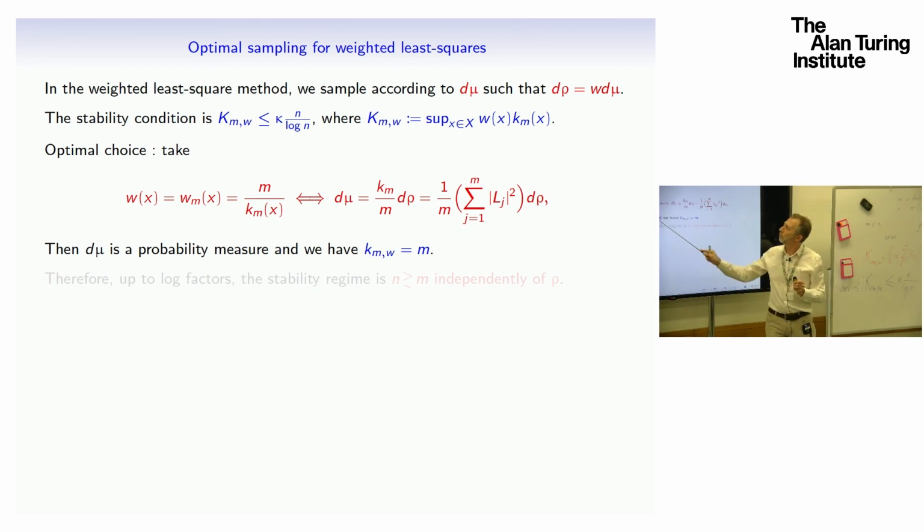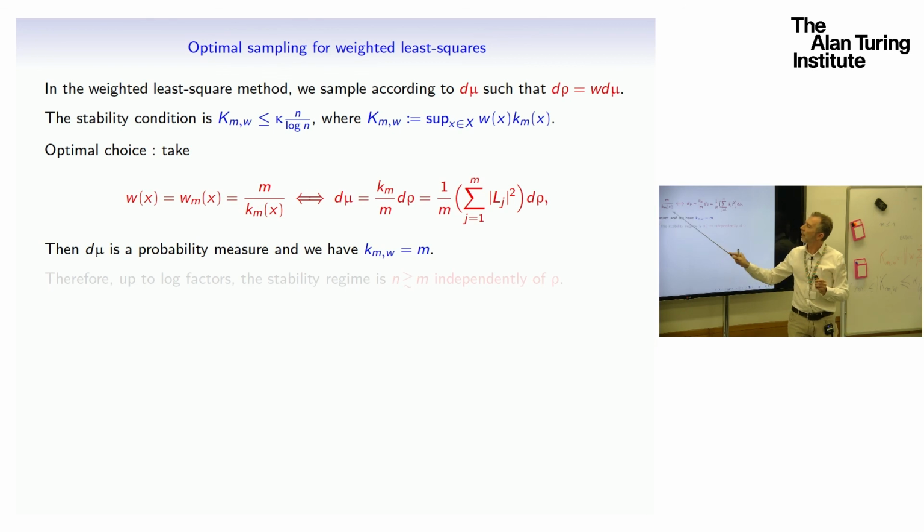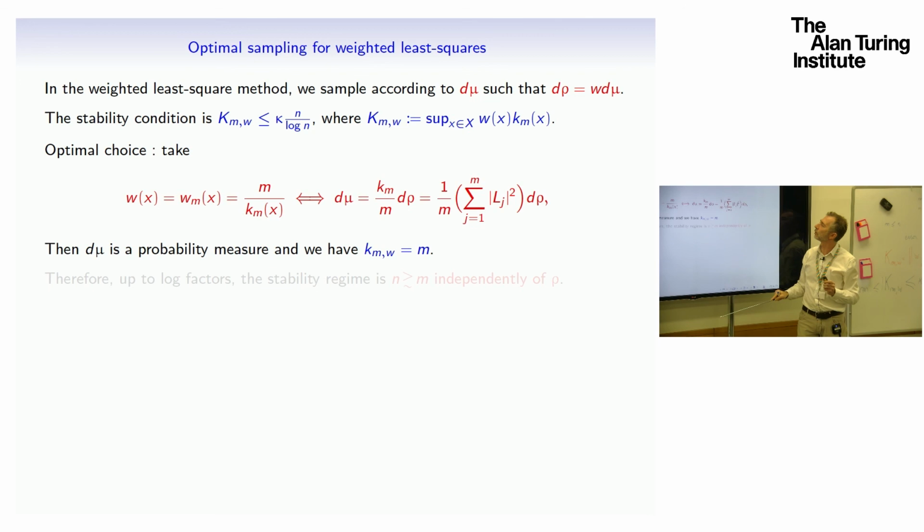We're going to pick the weights as the inverse, up to this m, of the Christoffel function. What does it mean? It means that d mu will be km over n times d rho. The sampling measure will just be given by this. Okay? So this is indeed a probability measure, because each term integrates to 1 with d rho, you get exactly a probability measure.